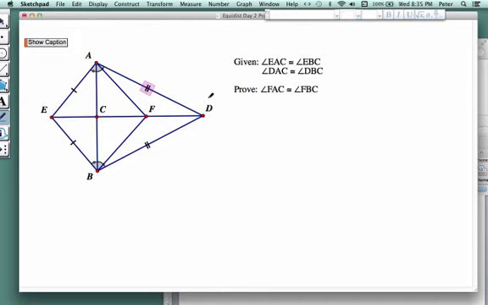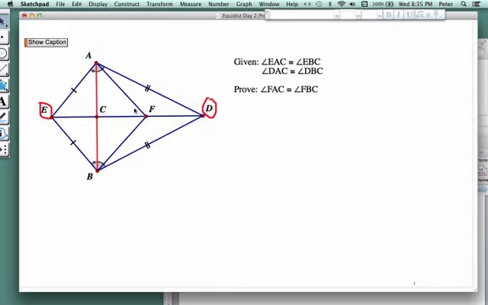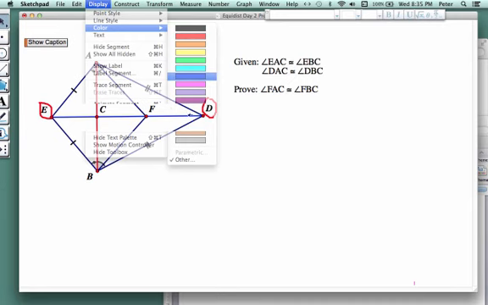I have 2 points, D and E, which are equidistant from the endpoints of a segment. And we can color that. So there's that red segment, and just as in our first example, there's our blue segment. So I can prove perpendicular bisector.